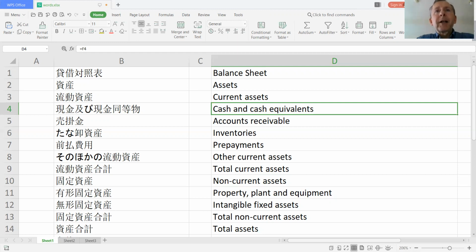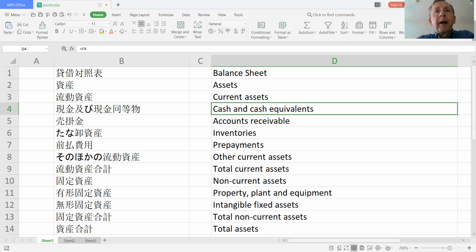Okay, the next category, accounts receivable. Accounts receivable is where a business has provided goods or services on credit and has not yet received payment.